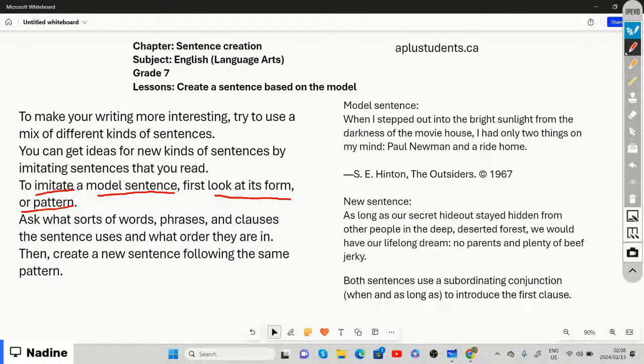You need to ask yourself what sort of words, phrases, and clauses the sentence uses and what order they are in. And then we create a new sentence following the same pattern.